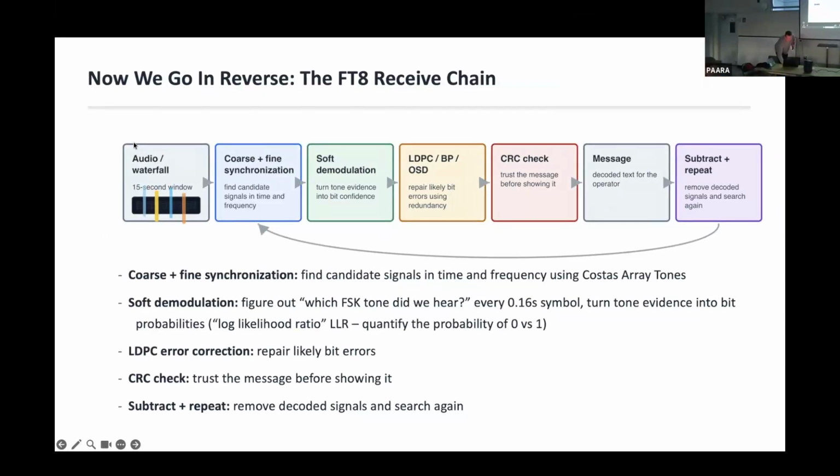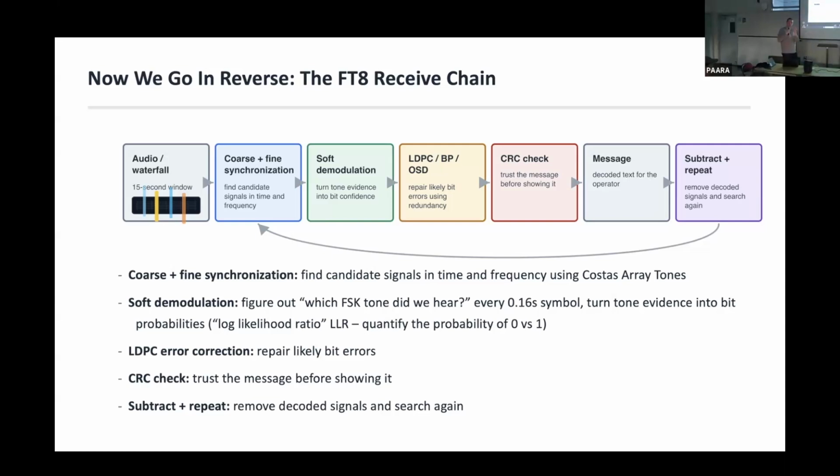So now we're going to go in reverse. I showed you how we encode it and then how we transmit. And now we have to go in reverse. This is the decoding phase. You start by getting some 15-second audio recorded in the program, and then it goes through synchronization. It's going to try and find how many signals are there in this band, and if they do exist, what are their frequency and time offsets, because there are little differences in your clock, and you don't even know what frequency it's going to be at.